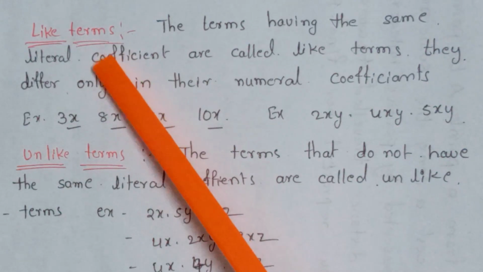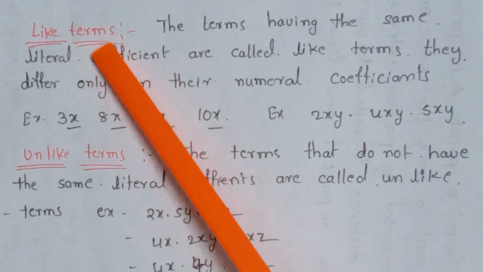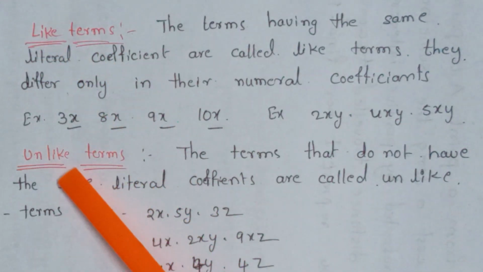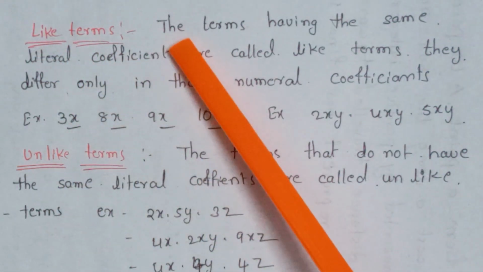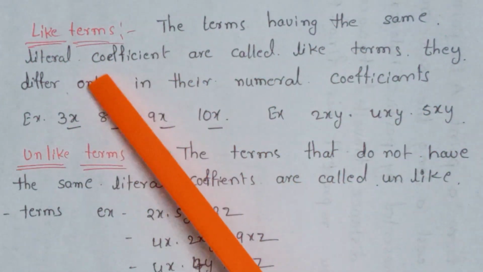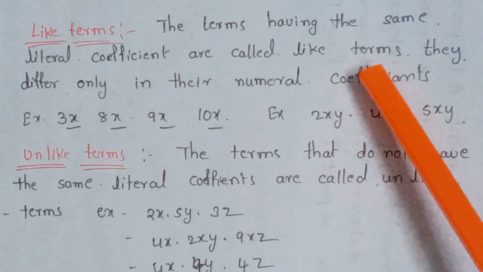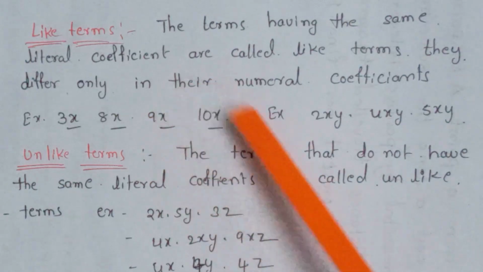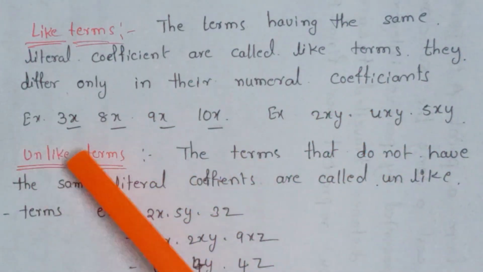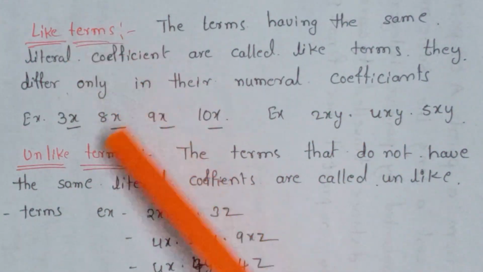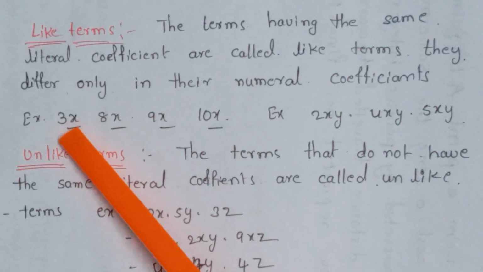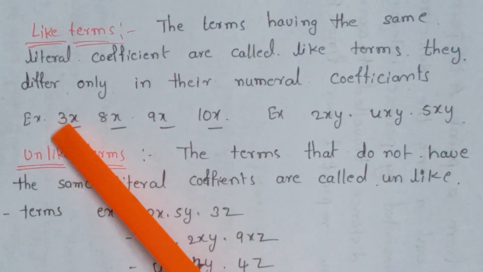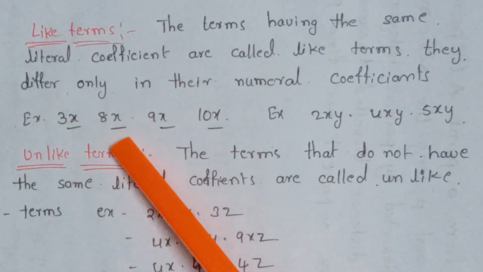Let us go to the terms. Different kinds of terms: like terms and unlike terms. The terms having the same literal coefficient are called like terms. They differ only in their numerical coefficient. In like terms the literals are the same and the numbers are different.